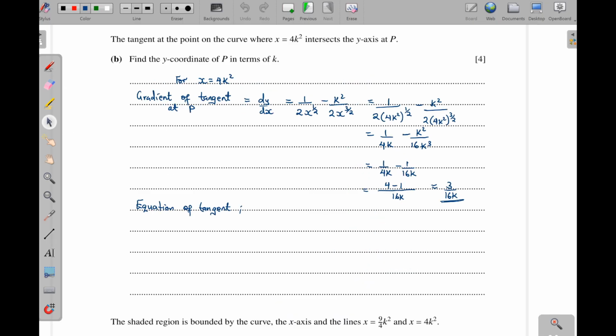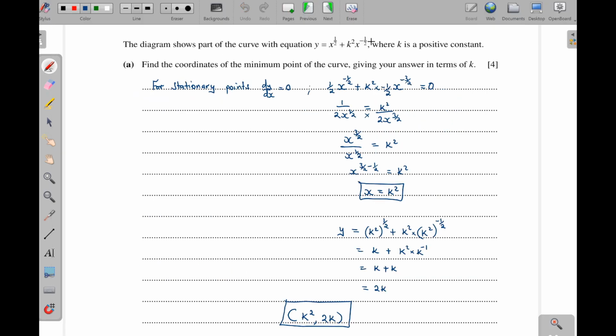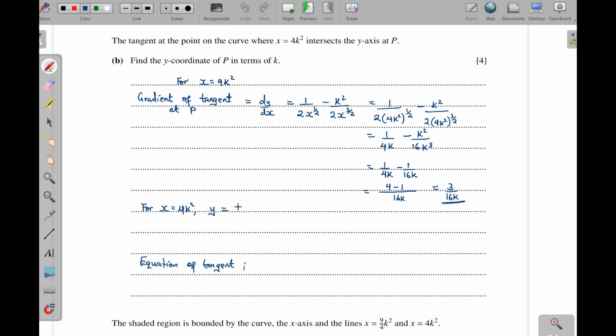Okay, let me leave this one here, and we say for x, which is equal to 4k squared, then y will be equal to what? Go back. This is the one here. So we shall have x power half. So this is 4k squared power half.